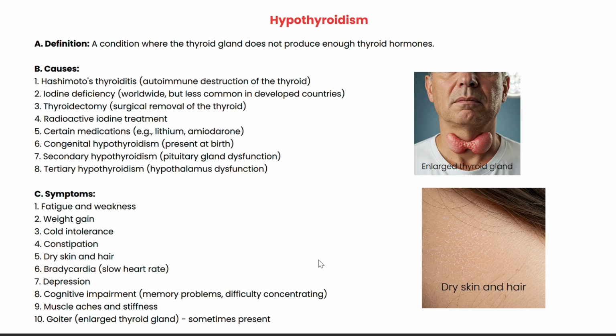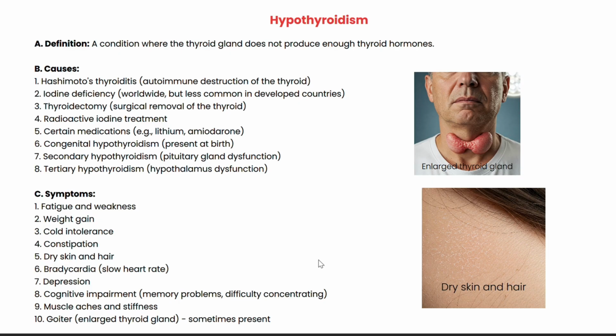Now let's discuss what happens when the thyroid gland does not produce enough of these crucial hormones. This condition is called hypothyroidism. Hypothyroidism is a condition where the thyroid gland is underactive and does not produce sufficient amounts of T4 and T3. There are several causes of this condition.